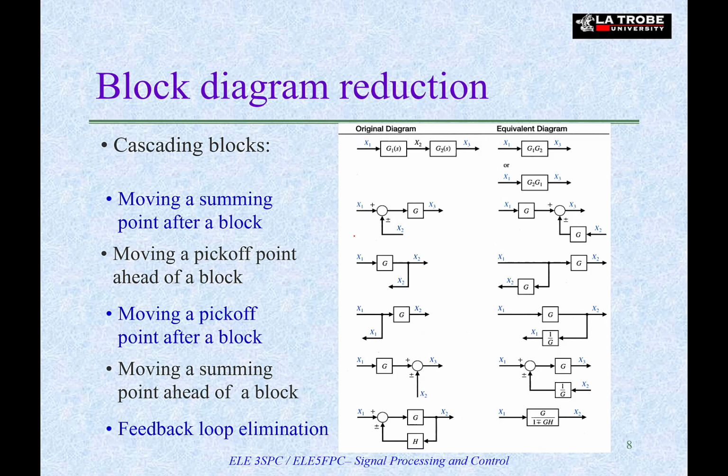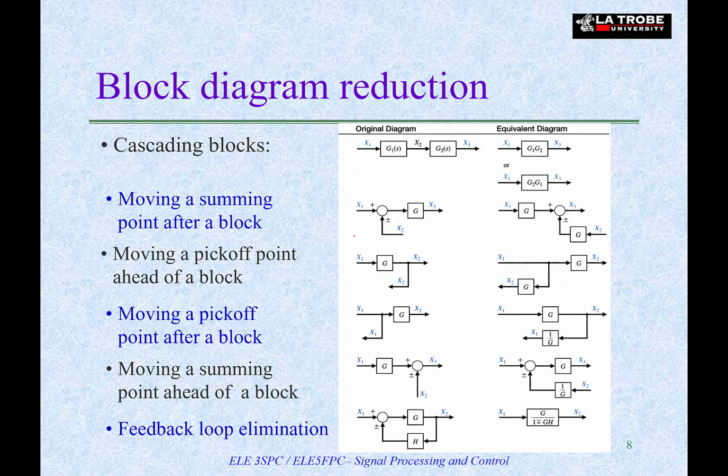Now let's look at how we can simplify a block diagram. This slide shows you the methods that can be used when we reduce a complicated block diagram. The general principle to follow is that the transfer function before and after block diagram reduction should remain unchanged.